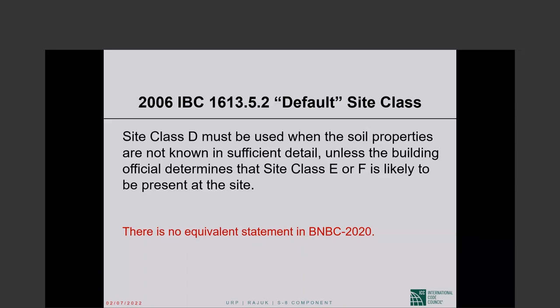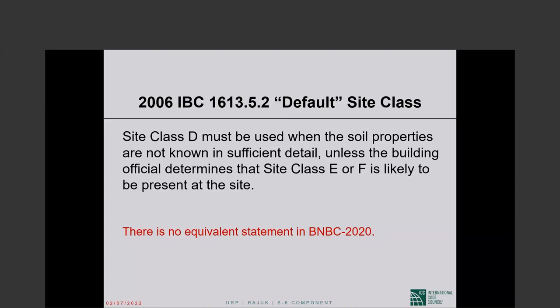ASCE 7 makes it very clear that there is no clear equivalence among these properties: if based on shear wave velocity, a site turns out to be C, based on standard penetration resistance, the same site may turn out to be D. There is no equivalence.